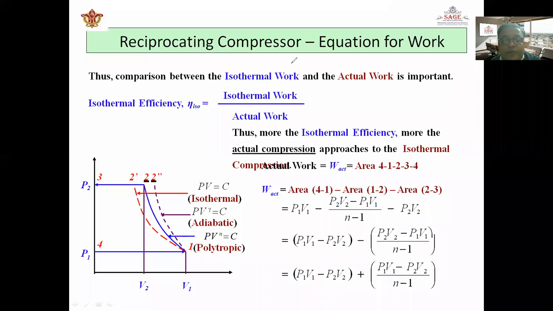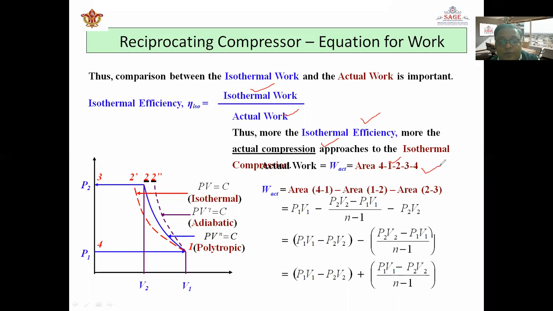This is the PV diagram, and the ratio of the isothermal work to the actual work is called the isothermal efficiency. Thus, the higher the isothermal efficiency, the more the actual compression approaches the isothermal compression work. This is the actual work done, described here as 4, 1, 2, 3, 4 in the diagram.